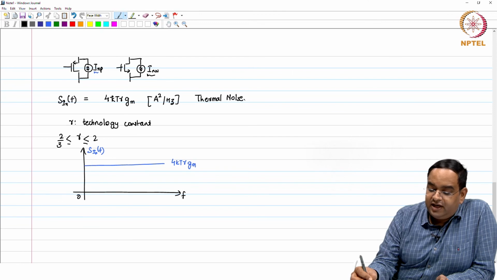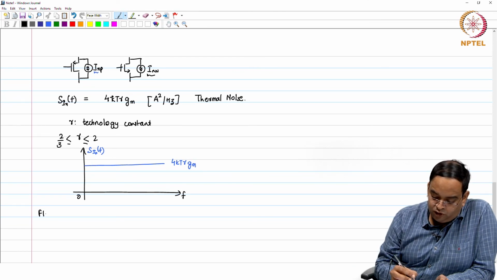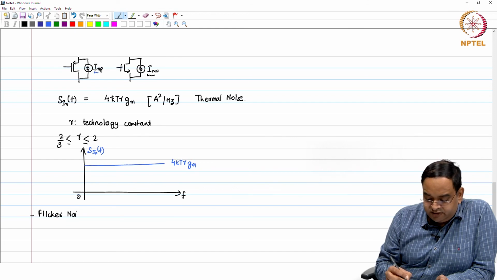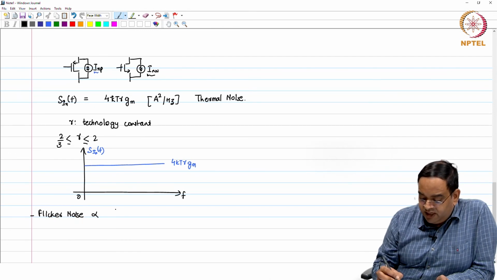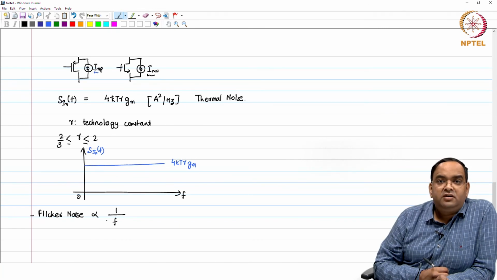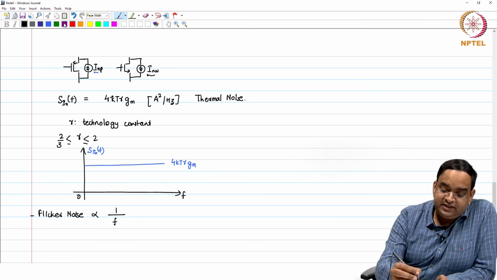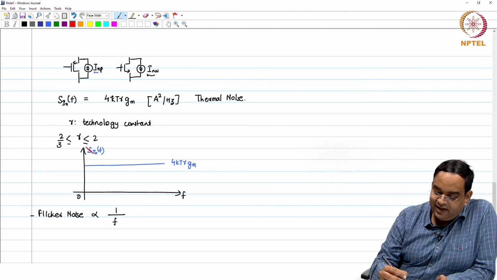Now, in addition to the thermal noise, you also have flicker noise in transistors, and the flicker noise is inversely proportional to the frequency of operation. Flicker noise in general will look something like this.